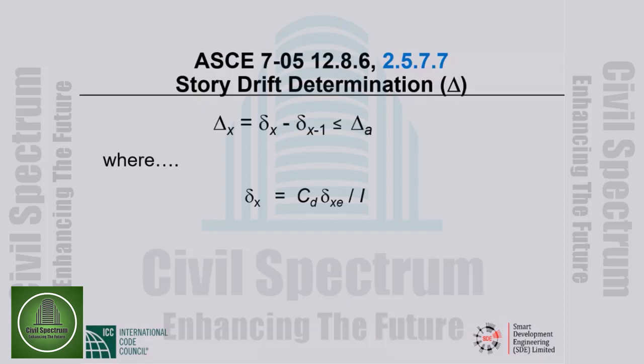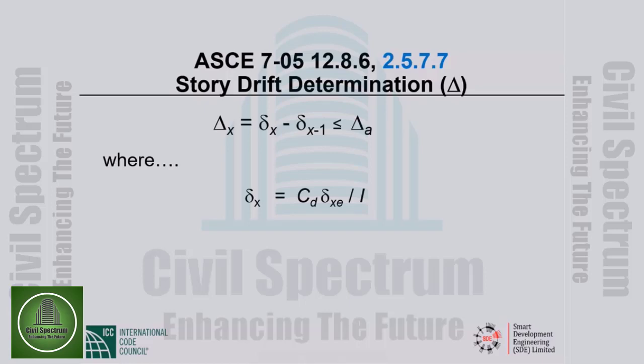In a hospital, the interstory drift has to be kept within 1% of story height, whereas in an office building, we are allowed to go up to 2% of story height. Since the limits themselves are a function of the importance of the structure, we should not penalize the structure twice.